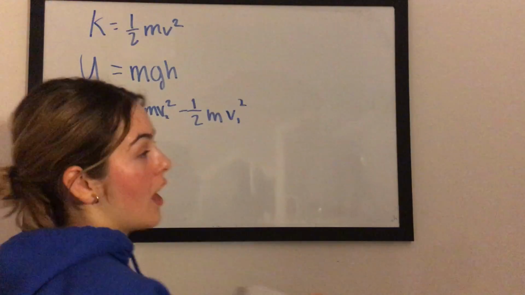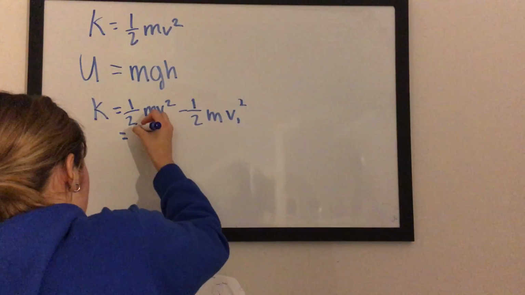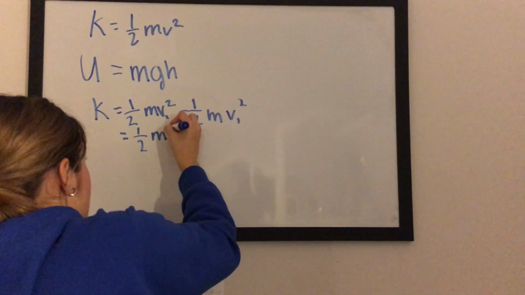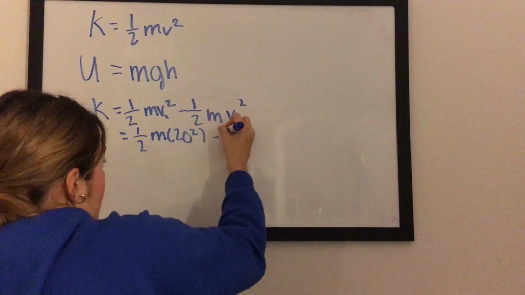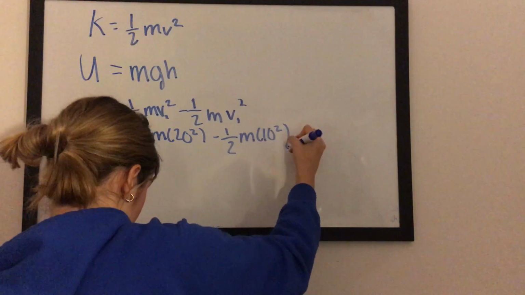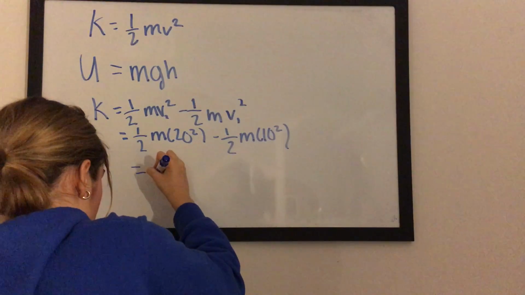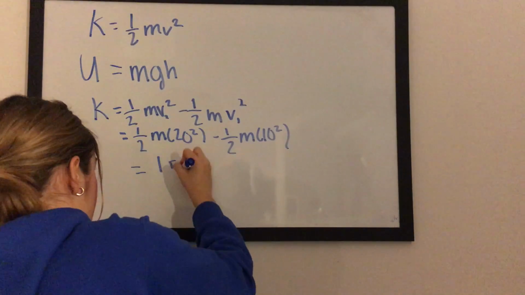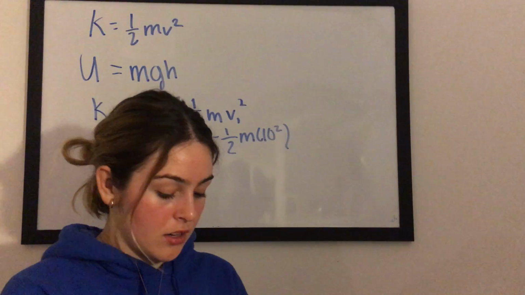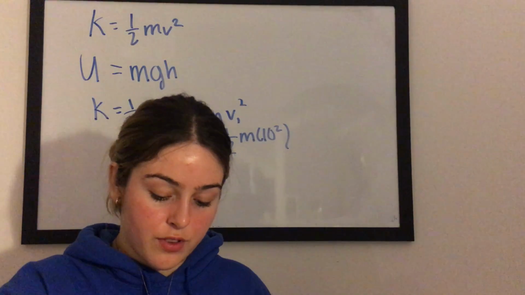If we go ahead and plug in for v2, which is 20, and v1, which is 10, we'll get 1/2 times m times 20 squared minus 1/2 times m times 10 squared, which is equal to 150 m. So essentially you can just plug those values in or do it mentally and you should be left with a result of 150 m.